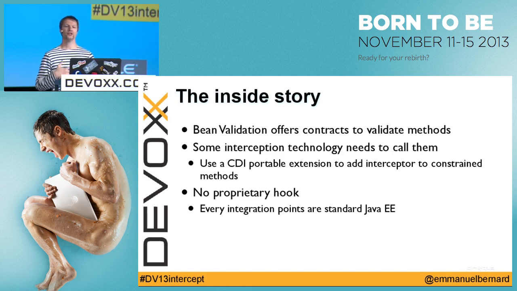So we need some kind of interception technology. So what Bean Validation focused on is the semantic of how this stuff should happen and what are the rules. But Bean Validation as a spec or as a product, I guess, does not implement it. What we relied on is other interception technology to implement that stuff. In particular, we use CDI portable extensions.